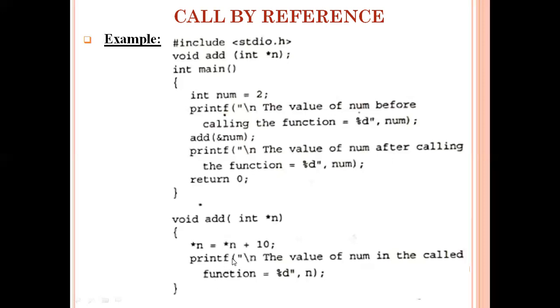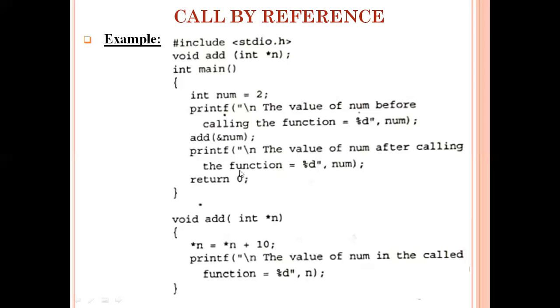So now n is nothing but the address of the memory location of the number variable. The address value is passed to this one, and here the value at that address is updated. That is, the address in which the corresponding value 2 has been stored in the computer's memory is updated by adding 10.